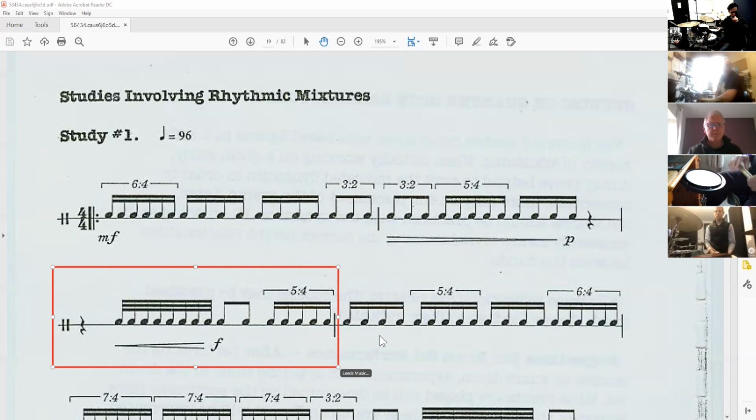So, what's the counting here? How should we go about counting this? How do we count the 32nd notes, for instance? One yander, one yander. Correct.